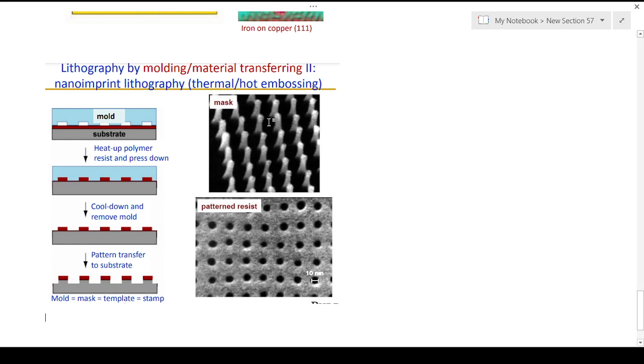This is one of the masks, or molds, that we will be utilizing in the technique, and there is an SEM image of it. When you see this material, the patterns on the resist will look like this.